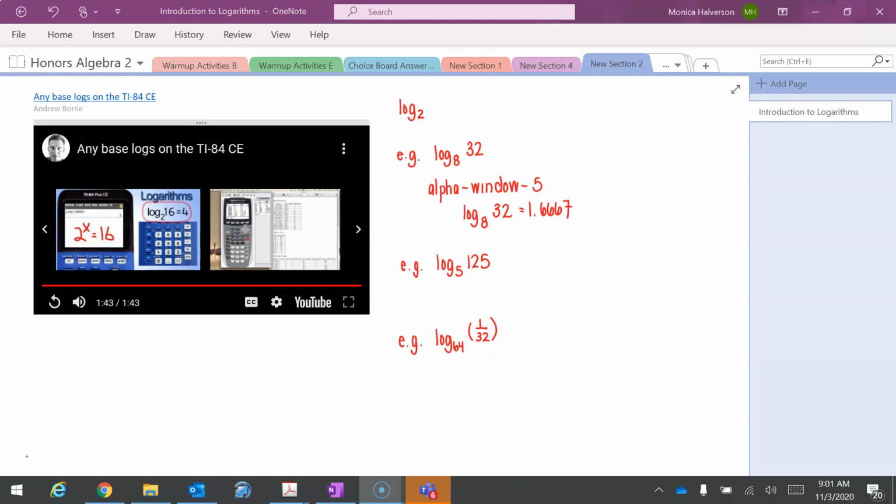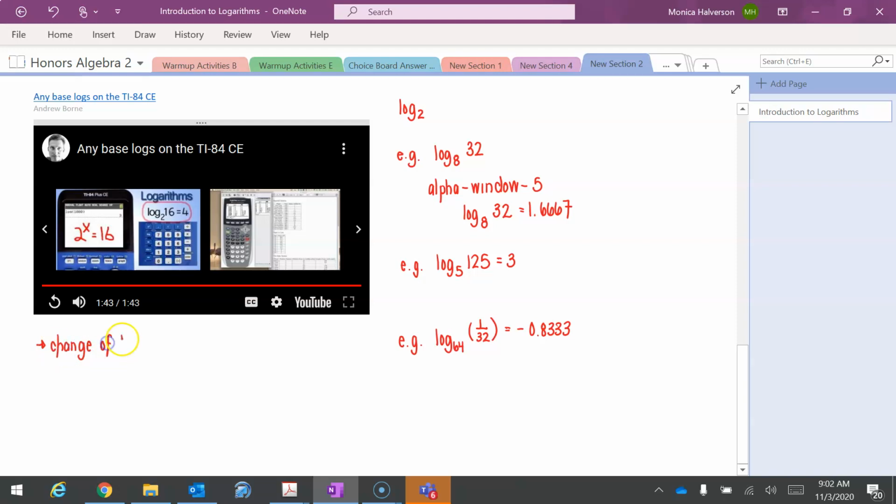So if you plug these into your TI-84 Plus correctly, log base 5, 125 would equal 3. Log base 64 of 1/32 will equal negative 0.8333.